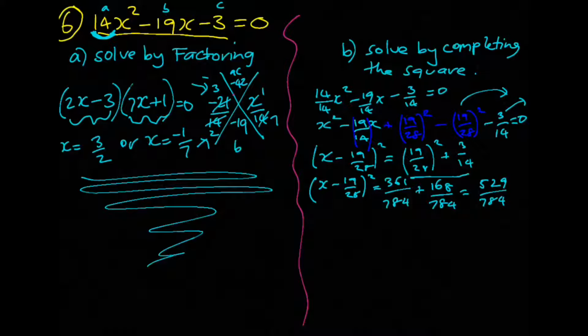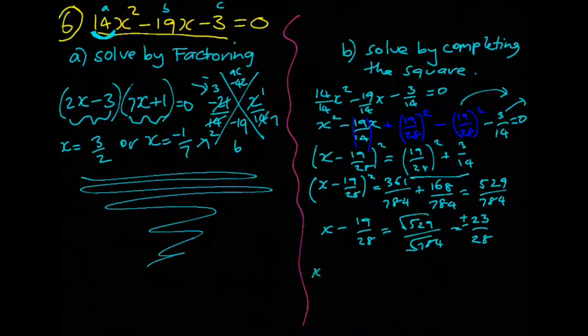So square rooting both sides, we get x minus 19 on 28 is equal to the square root of 529 on the square root of 784, and that equals 23 on 28, and that's a plus or minus because a negative times negative can be a positive.